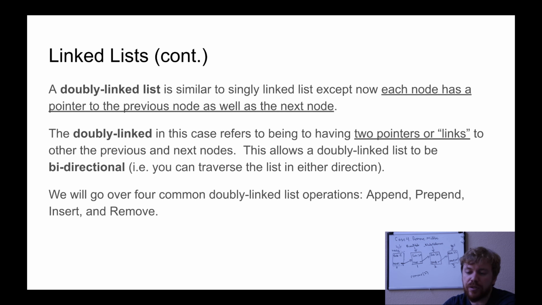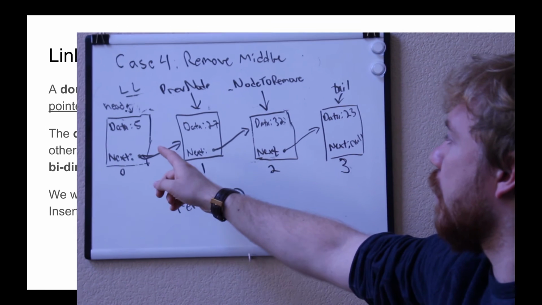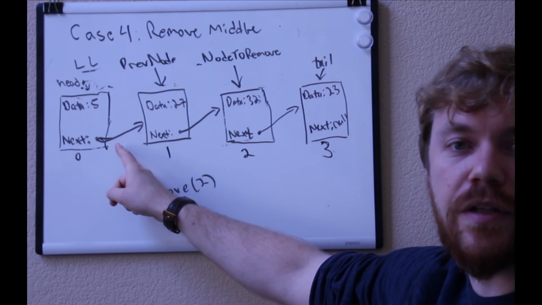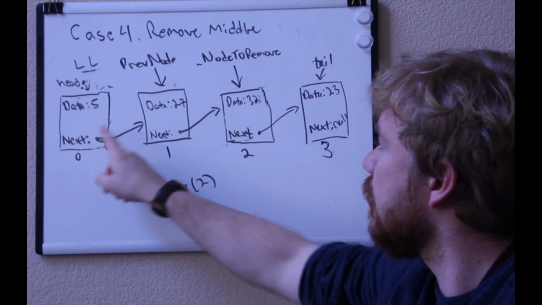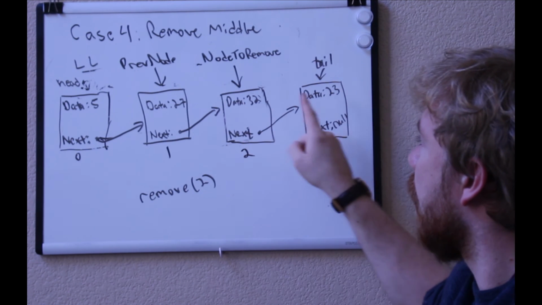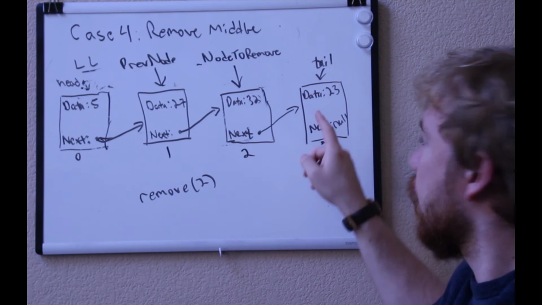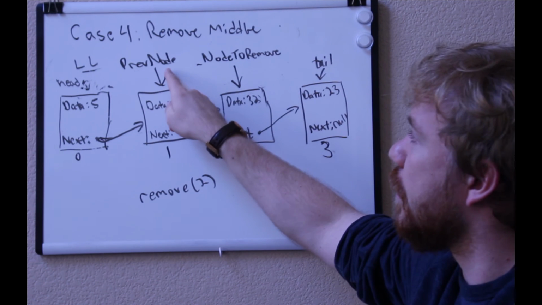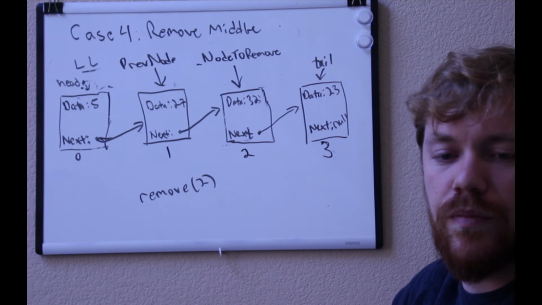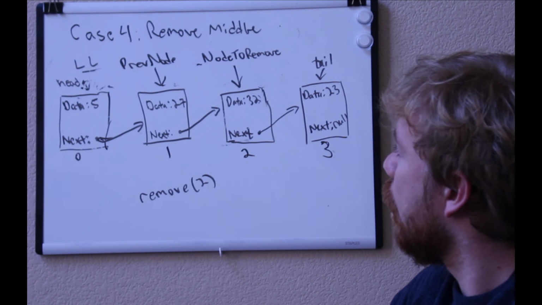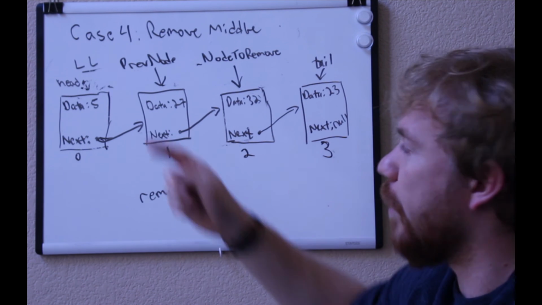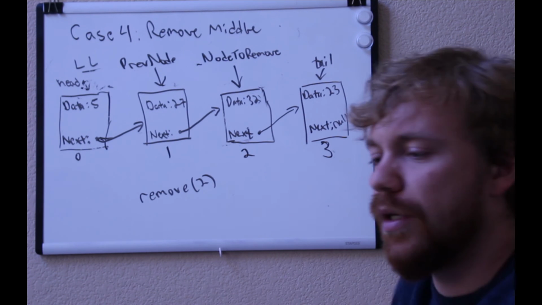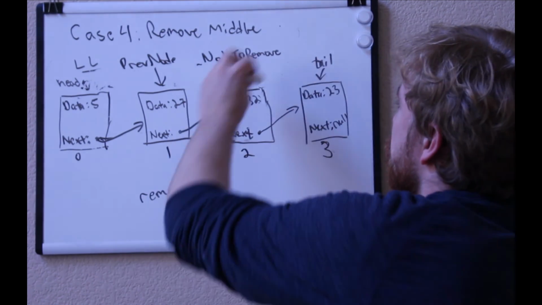This allows a doubly linked list to be bidirectional, which means in our case, our singly linked list is single in its direction. It can only go next, next, next, but it can't go backwards. That's why we needed this previous node. And the doubly linked list, by having another reference pointer that goes backwards, solves this problem. So let's go ahead and take a look at what this looks like.